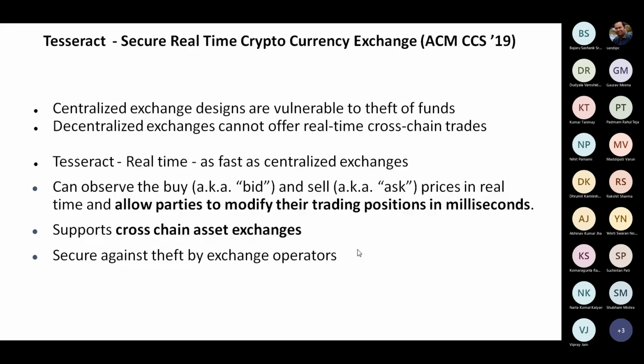And if you are talking about cross currency or cross chain trading, that is from say Bitcoin to Ethereum or Bitcoin to Litecoin and so on, then we have seen these atomic cross-chain swaps, those examples.